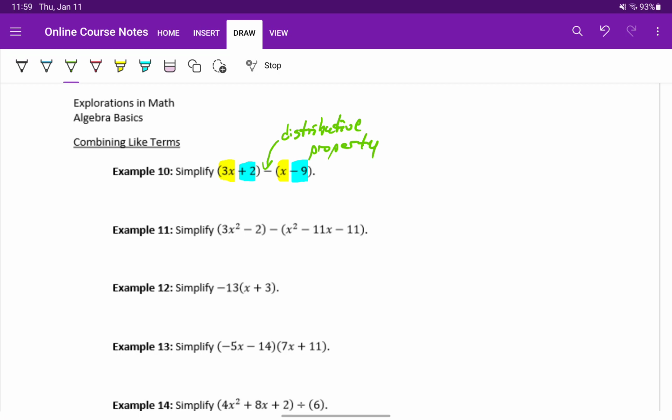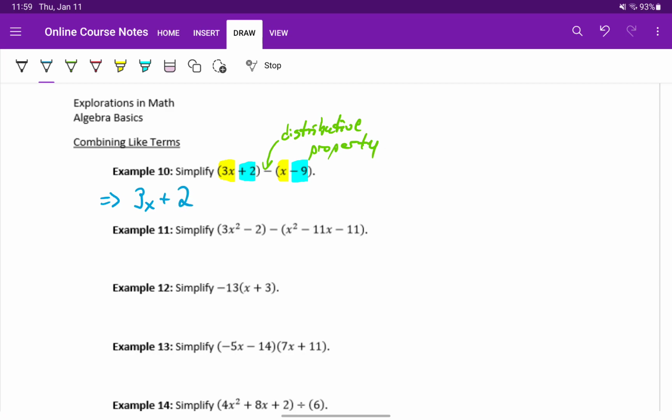to distribute that negative sign, that minus sign, through all of the terms in that second set of parentheses. To do that, we can just drop the parentheses around 3x plus 2 because there's nothing to simplify within them, there's nothing to distribute through in front.